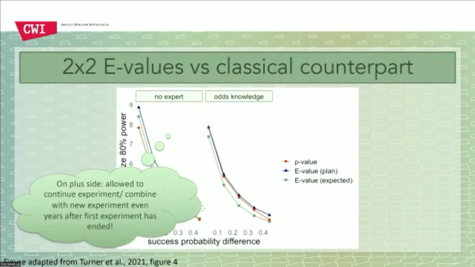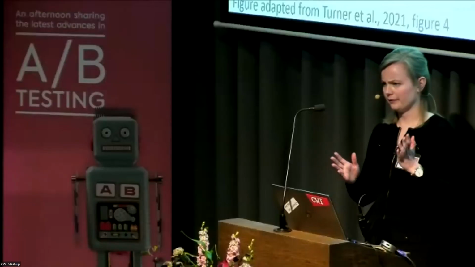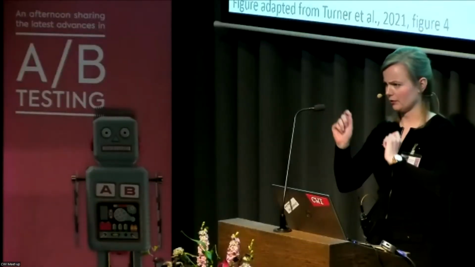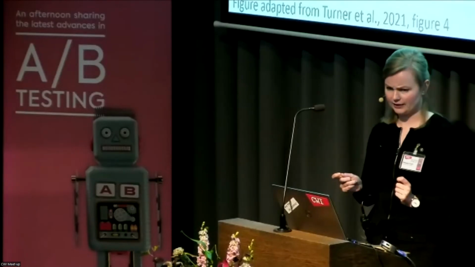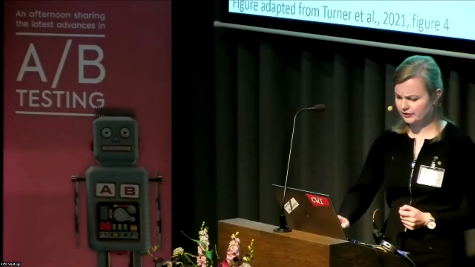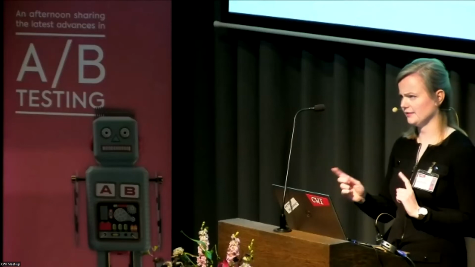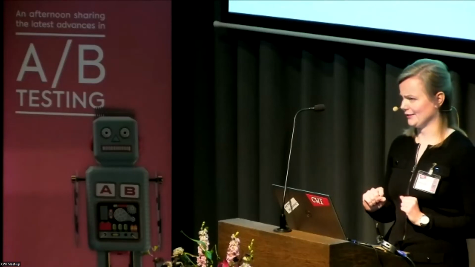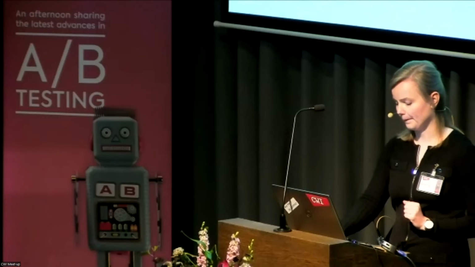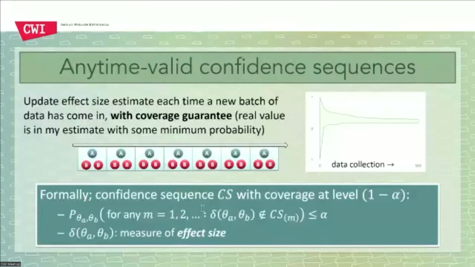Okay, so now we tackled the testing part. So this was all about figuring out, is our point outside this gray dashed line? Is there a difference between the strategies? But now we want to extend this to estimating the effect and estimating confidence intervals. So what's the real problem here?